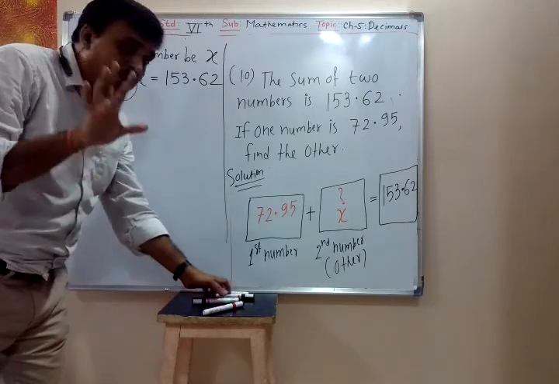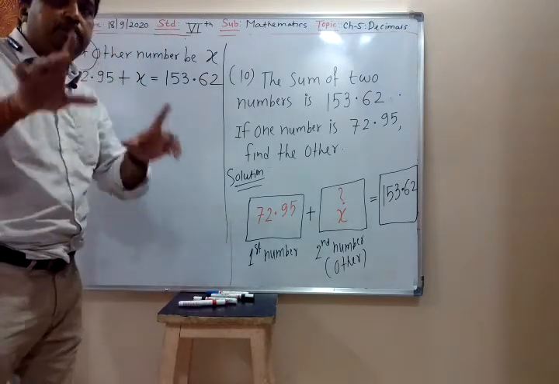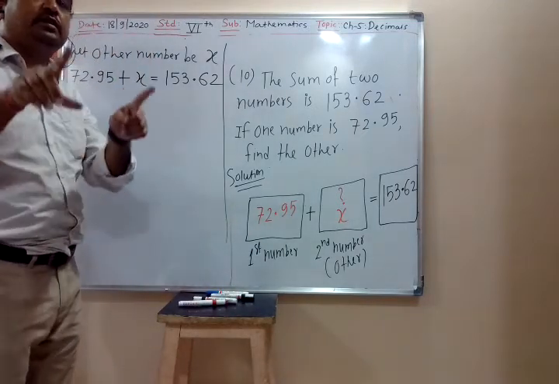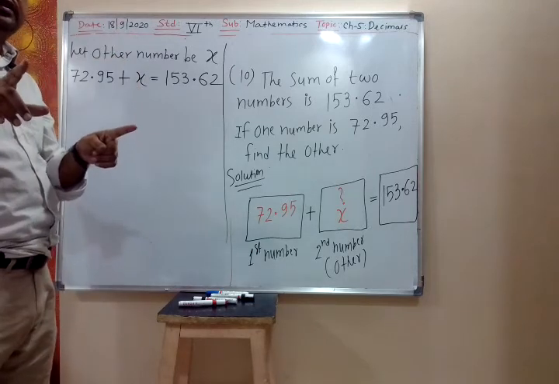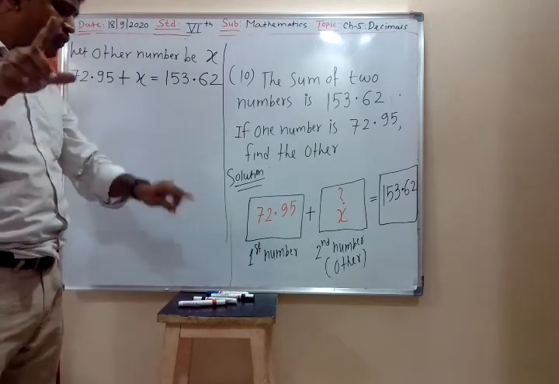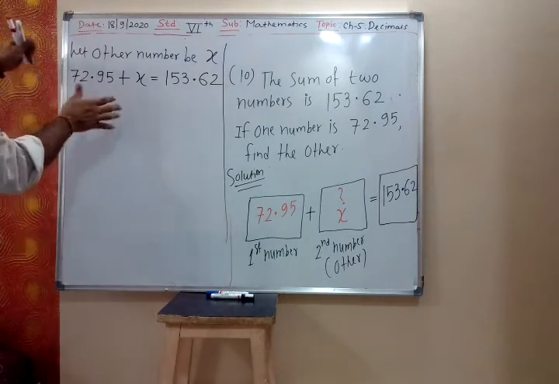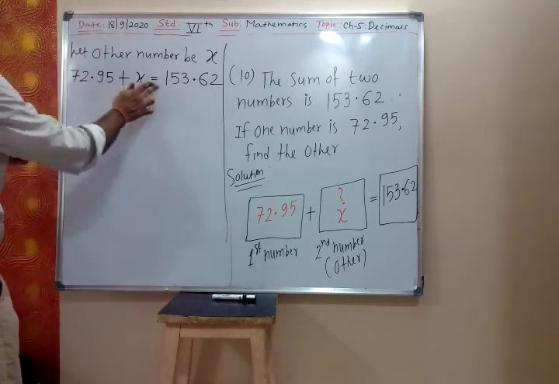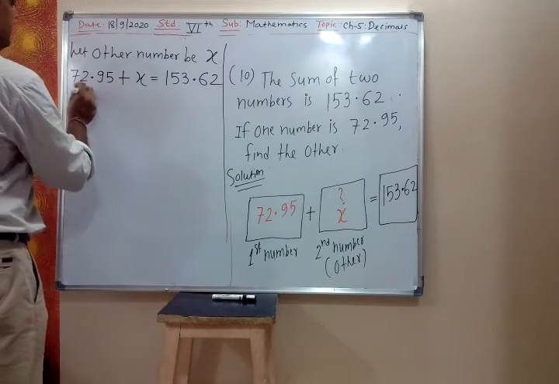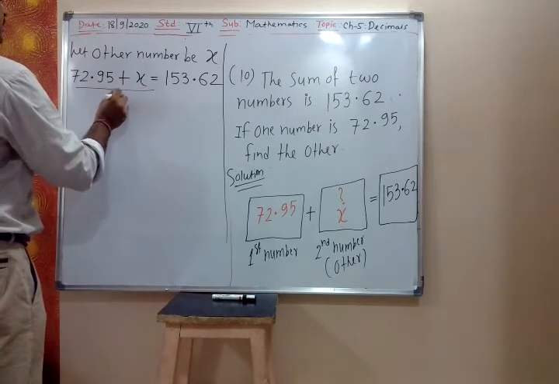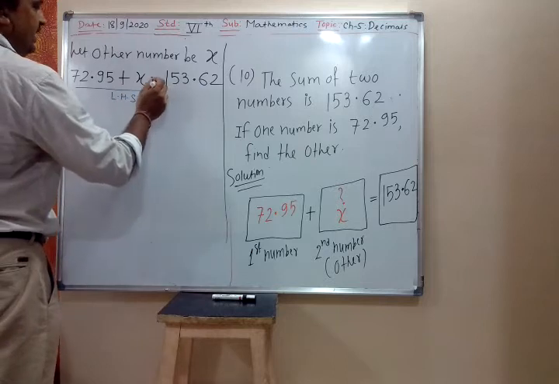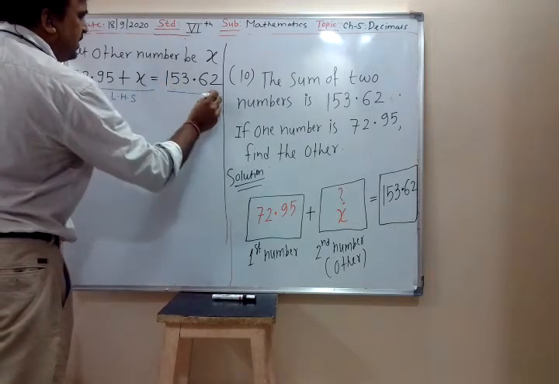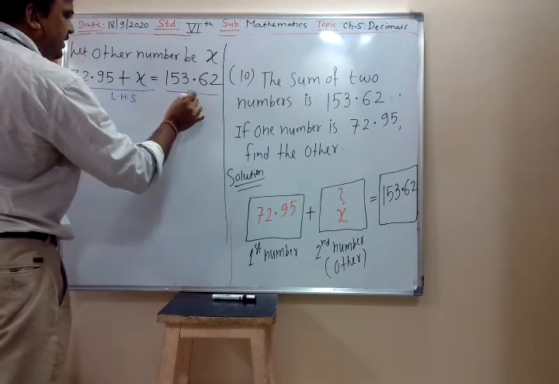Now instead of writing in the chat box, you pay attention, because this is the crucial part you have to understand. Before equal to is my left hand side. After equal to, it is my right hand side.